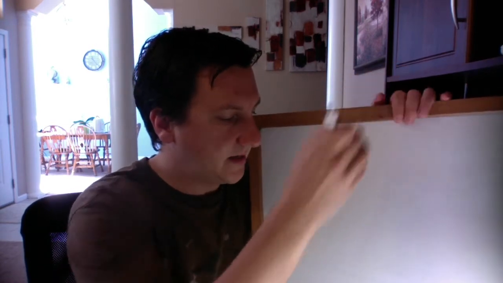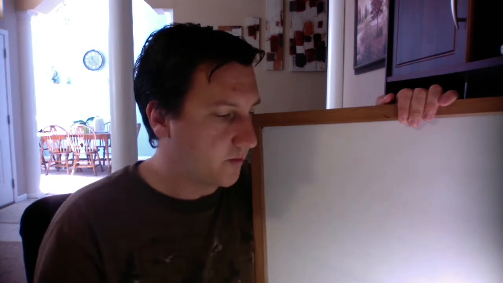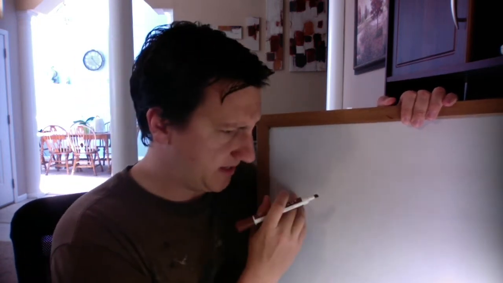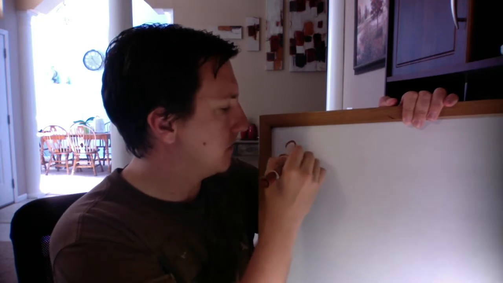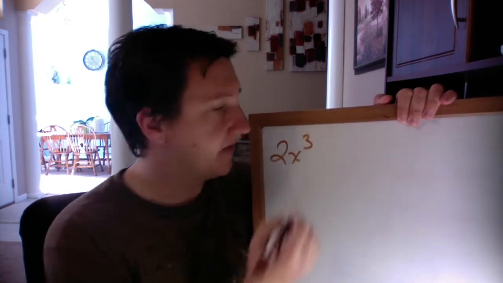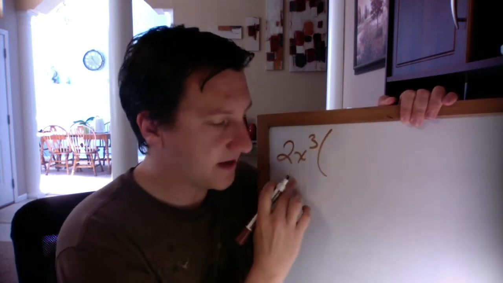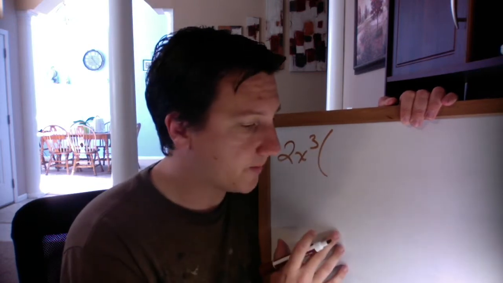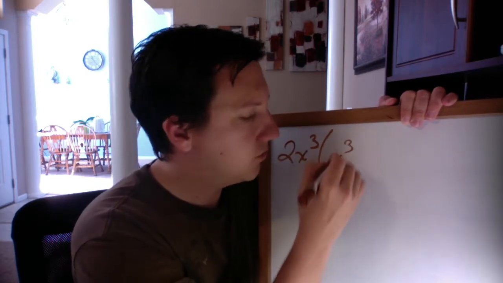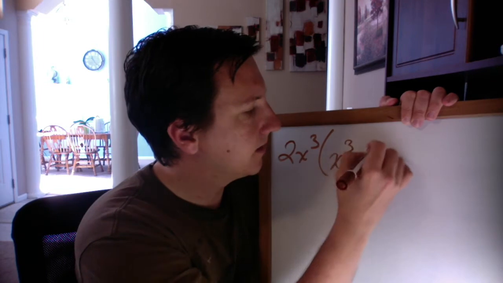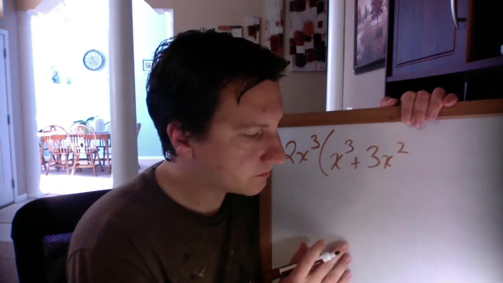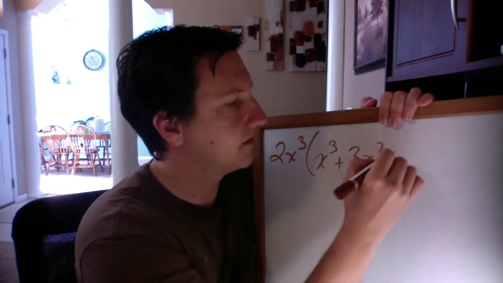If you look at the first example on page 562, it gives us a monomial and a polynomial. The monomial is 2x cubed, and that's outside the parentheses. Inside the parentheses is the polynomial x cubed plus 3x squared minus 2x plus 5.